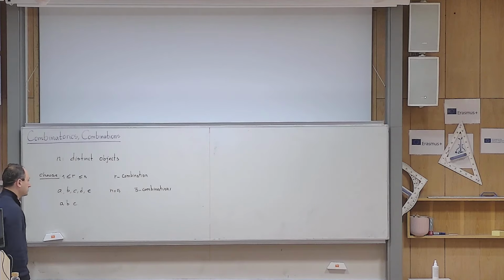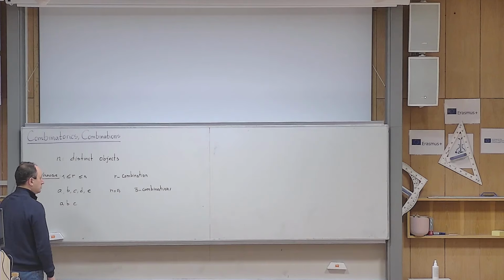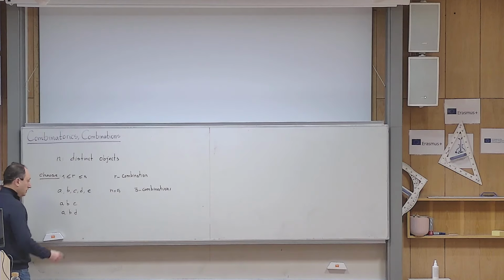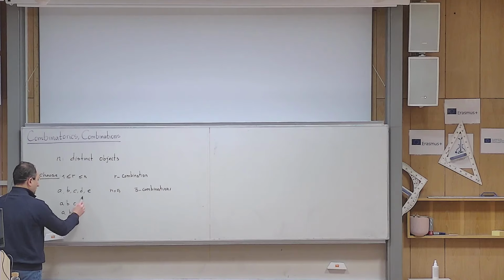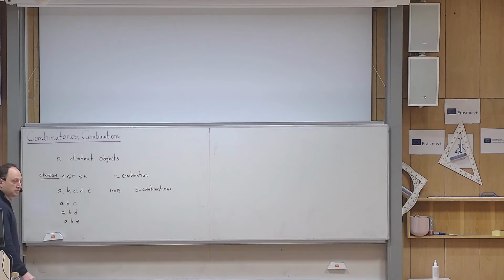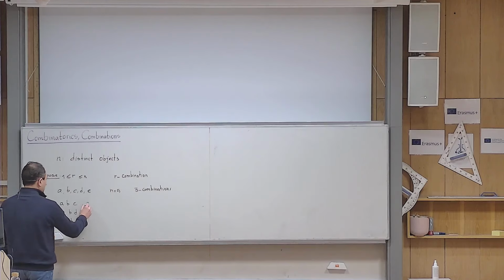What is the other possibility if I want to have 3 combinations? I can choose A, B, but instead of choosing C, I can choose D. I can choose A, B, and then I can choose E. These are 3 combinations, so I'm not reordering them. So what can I do next? Let us see if I can write all of them.